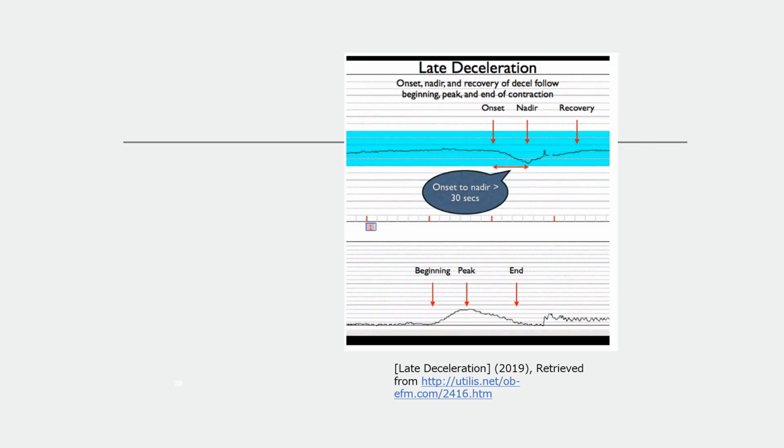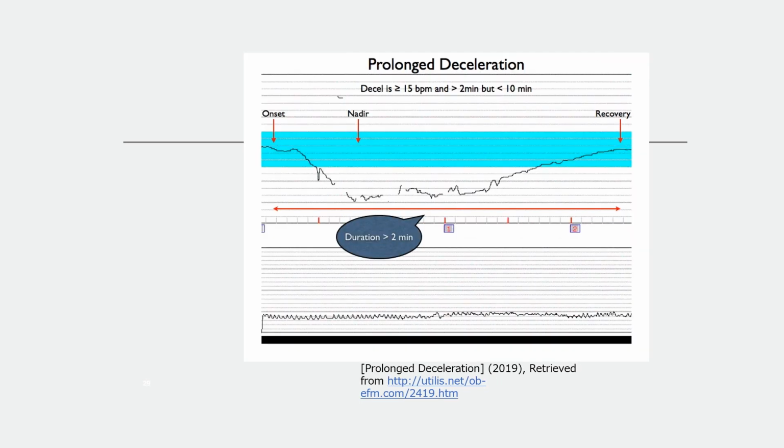Again, your late deceleration. And this one's really obvious. I mean, it's starting on the downslope of that contraction and it doesn't recover until it's well over. And here's a prolonged, okay? And you can see it gradually goes back up. Okay, usually this is what it does.